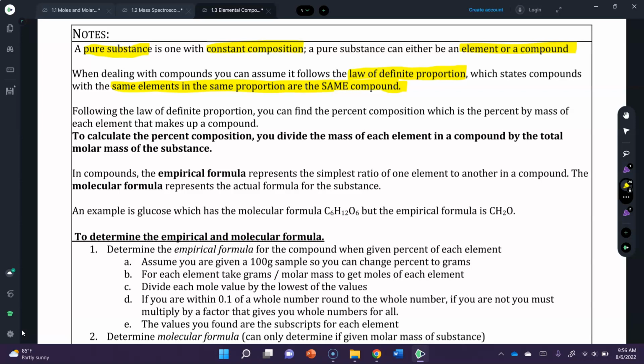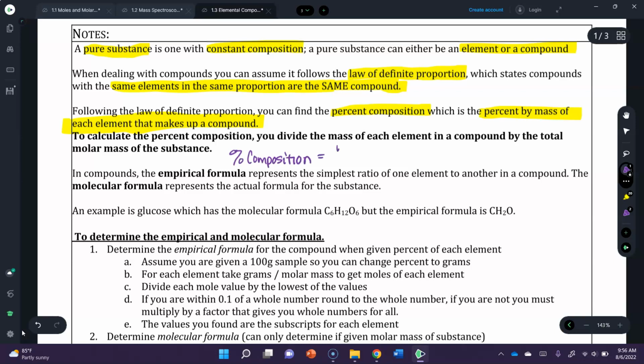Okay? Following the law of definite proportions, you can find the percent composition, which is the percent by mass, of each element that makes up that compound. To calculate the percent composition, you divide the mass of each element in a compound by the total molar mass. It is described by this equation where percent composition is equal to the mass of the element, which is the total mass in that compound, so mass of element total.